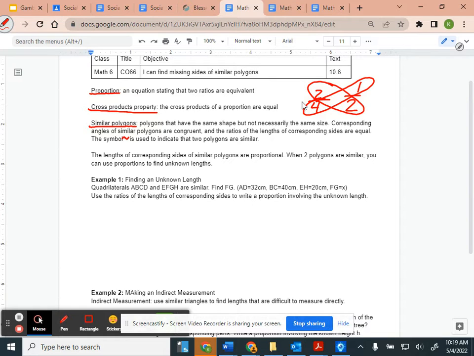Quadrilaterals A, B, C, D, and E, F, G, H. Let's do A, B, C, D. So AD is 32 centimeters and BC is 40. I need to make it go out a little bit like that. Then we have EH.